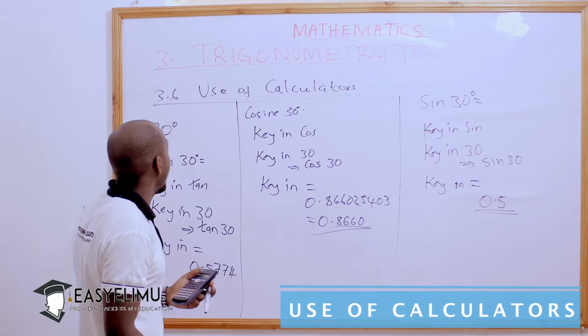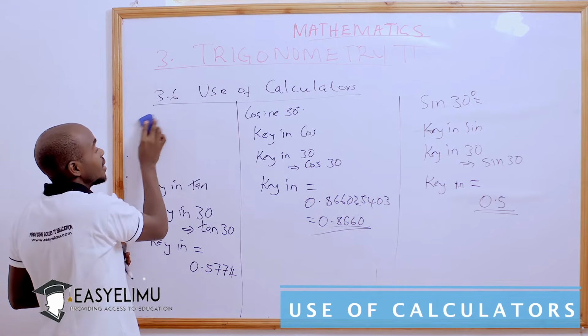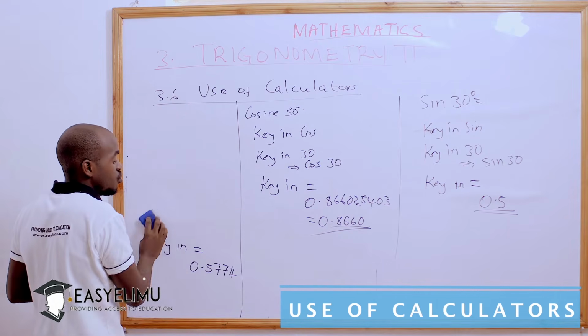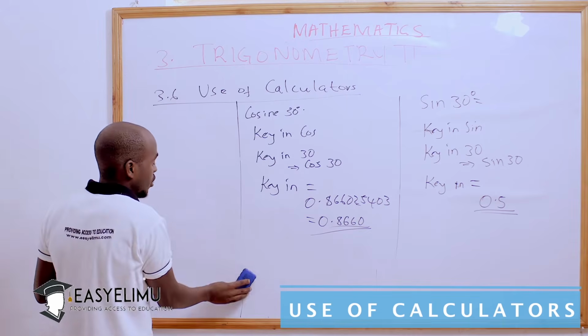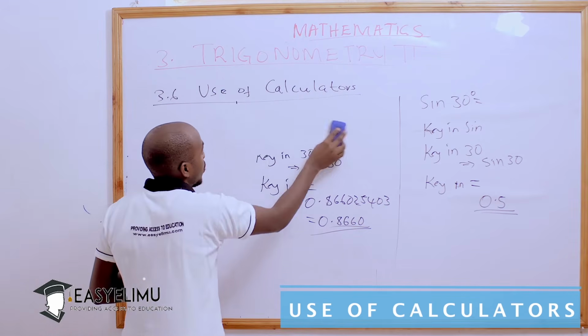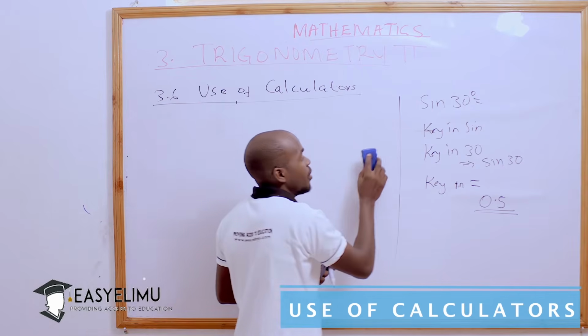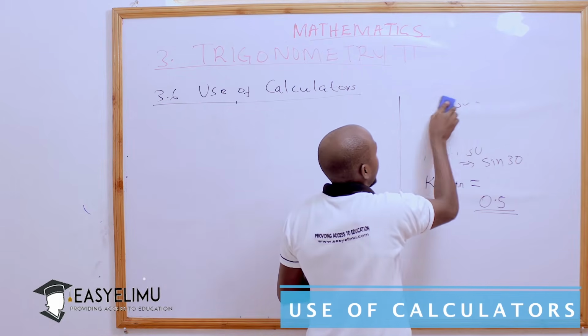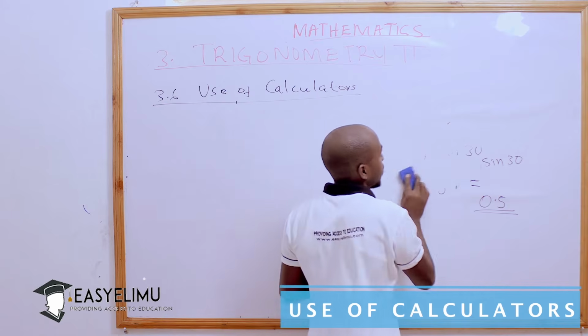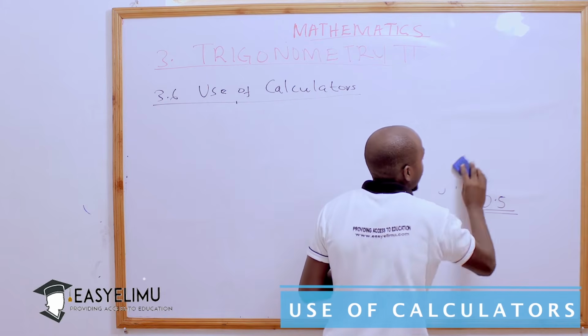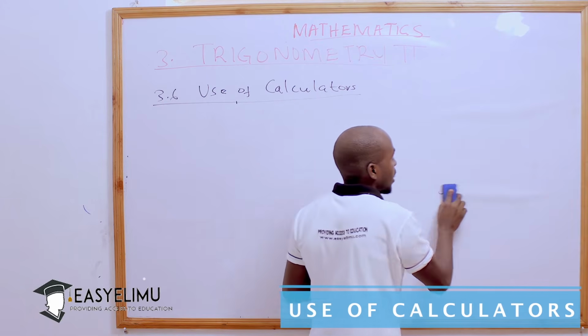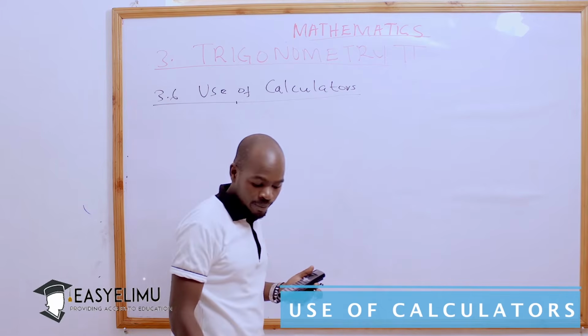So that's how you can find the tangent of any given angle. For example, if the angle is theta, the same procedure is used to find the tangent of that angle. You can also find the sine and the cosine of the same angle with the same approach as I have guided you. It doesn't depend on how great the angle may be.